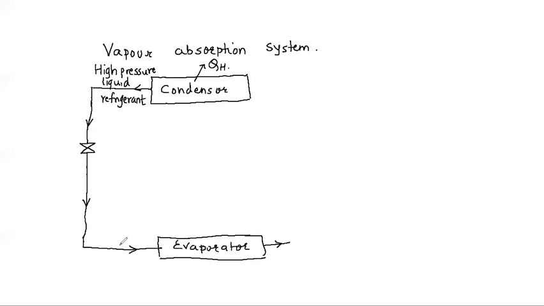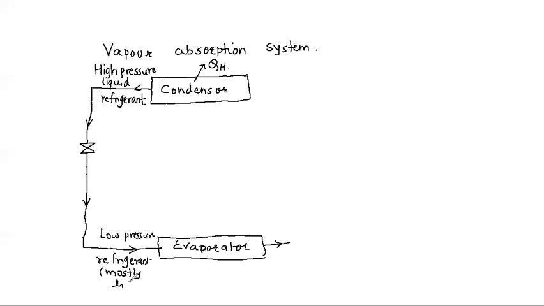After the expansion device, we would have a low pressure refrigerant, which is mostly liquid, entering the evaporator.